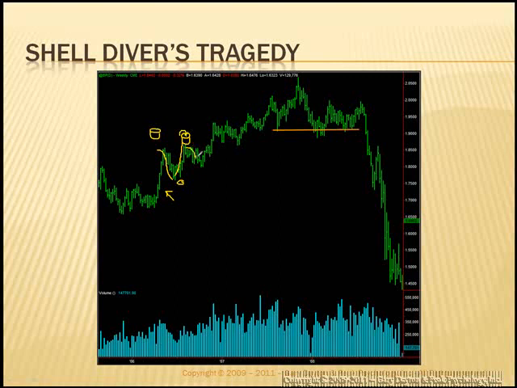And he dives, catches his breath, dives down, picks up a shell, comes back up to the surface, sticks it in his basket. This guy's doing pretty well, right? Dives down, gets a shell, comes back up, puts it in his basket. And on he goes. And this guy's going to make some good chunk of change, right?